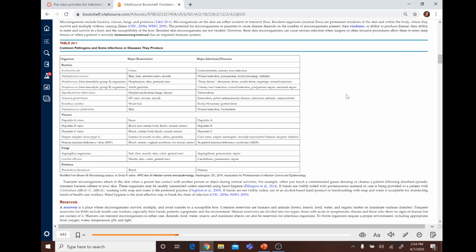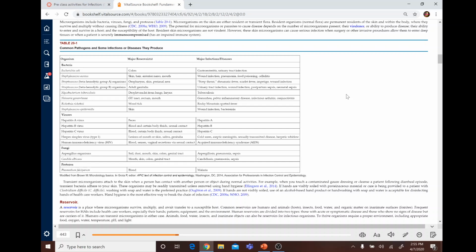What is the major reservoir for strep B organisms? Adult genitalia. What are the major infections and diseases caused by strep B organisms? UTI, wound infection, postpartum sepsis, and neonatal sepsis.